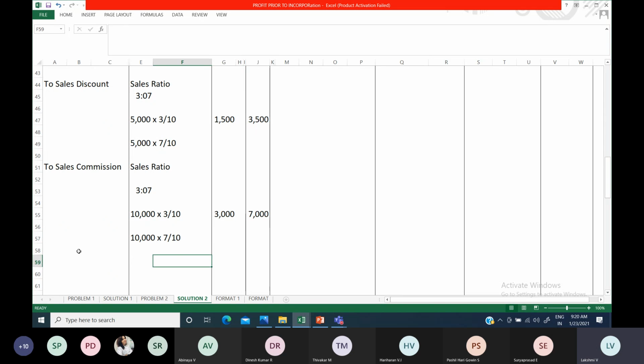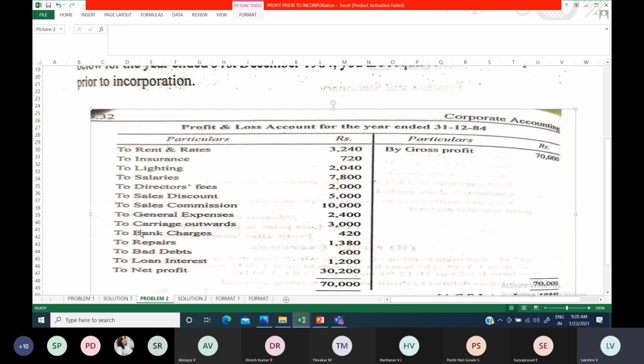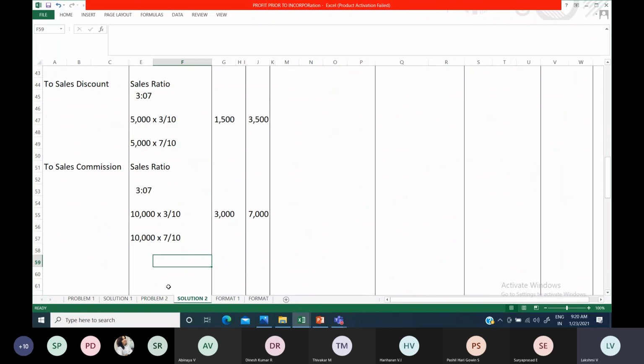Okay. So like this, you have to follow for the other items also. General expenses. General expenses will be done based upon time ratio, 2,400. Next item will be your general expenses. So mention general expenses, time ratio.